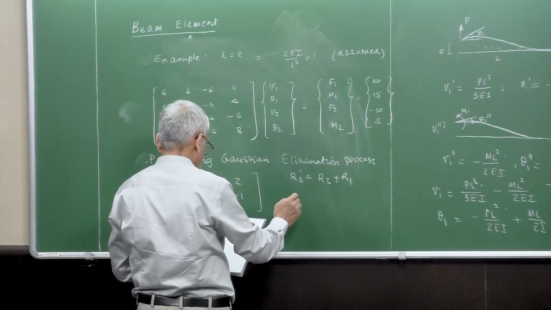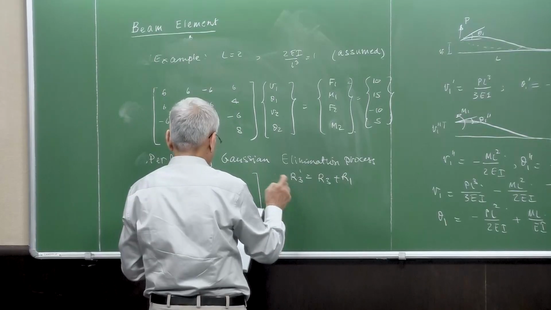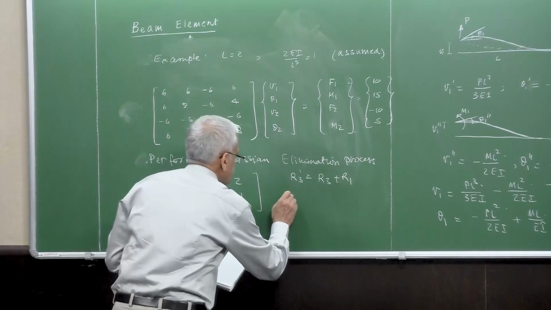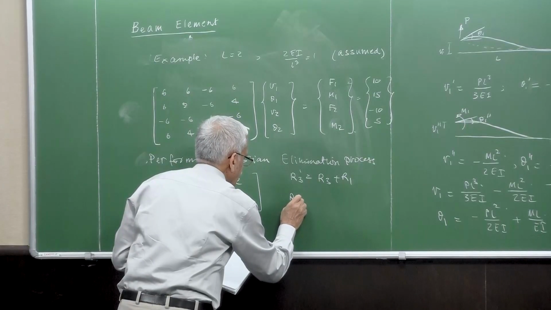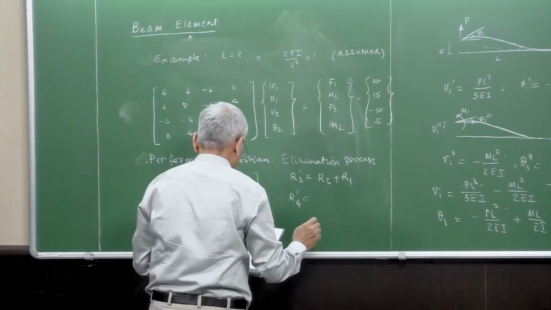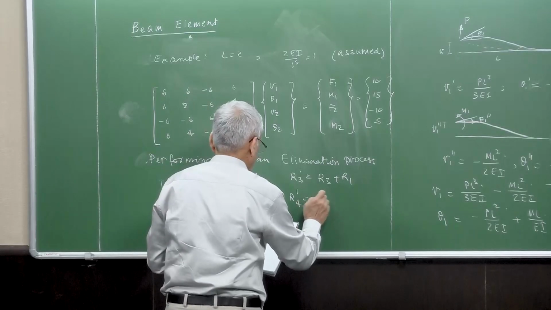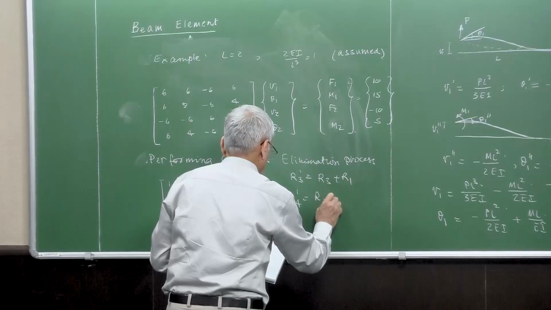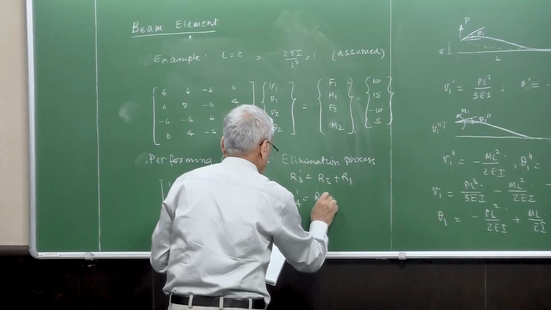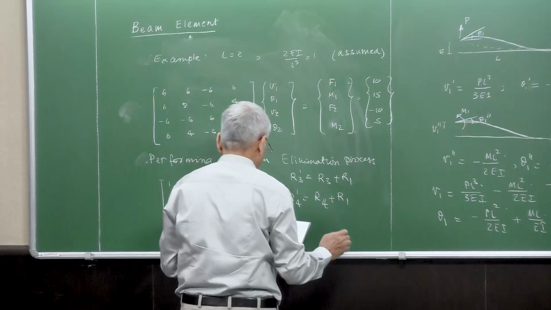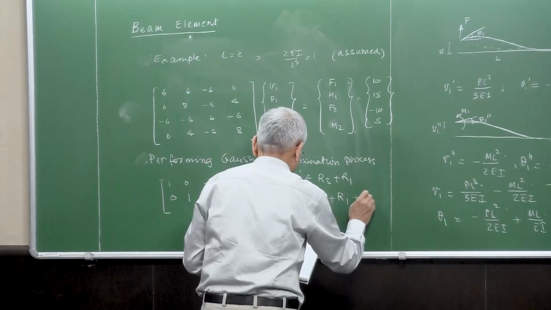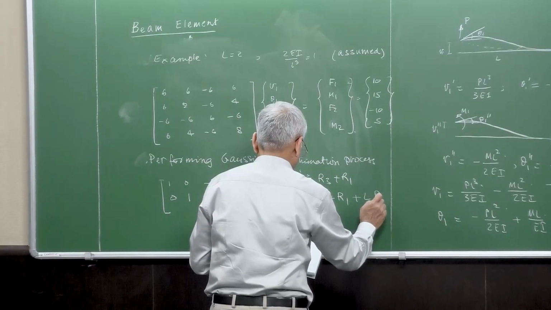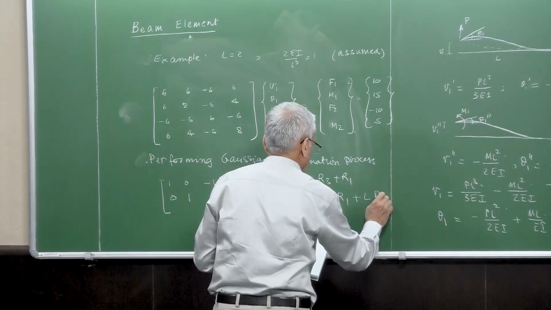Similarly, the fourth one, R4 prime, is R4 plus R1 plus L into R3.